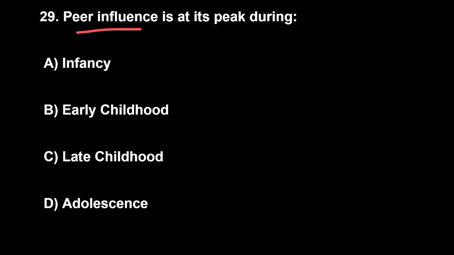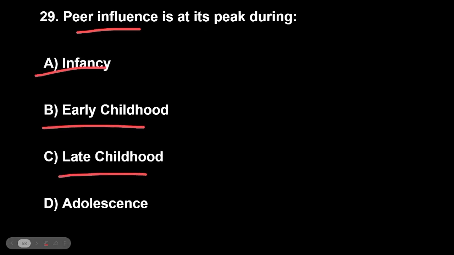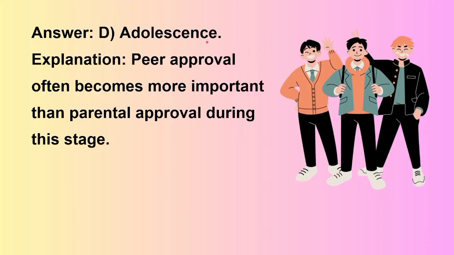Next, peer influence is at its peak during infancy, early childhood, late childhood, or adolescence. The right answer is adolescence, because in this stage peer approval often becomes more important than parental approval.